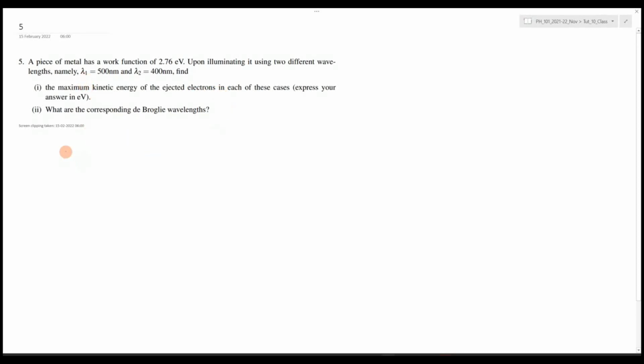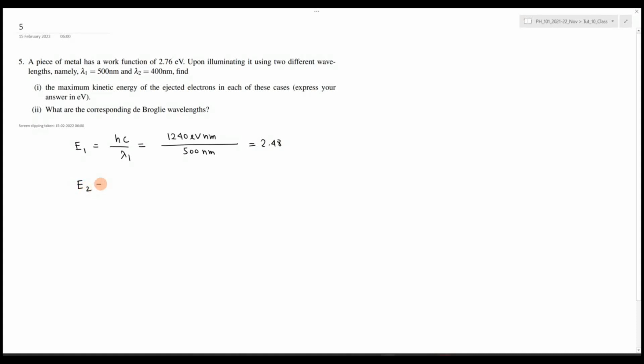Okay, so first let us find the energy of lambda 1 and lambda 2. So E1 will be equal to hc by lambda 1. hc, you know, is 1240 electron volt nanometer, divided by 500 nanometer. So it will come out to be equal to 2.48 eV.